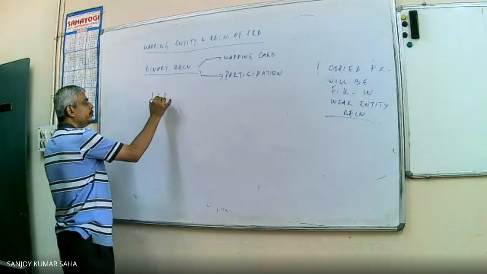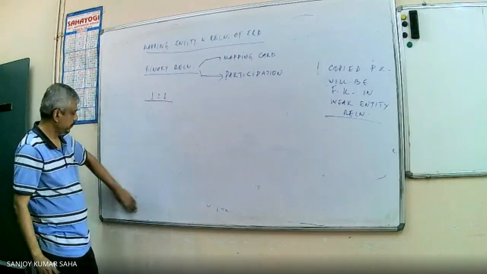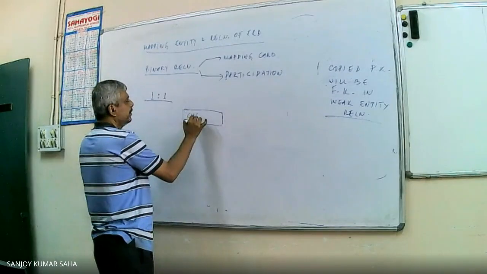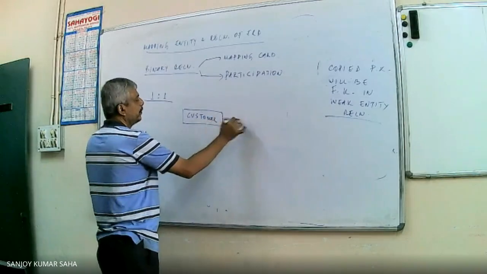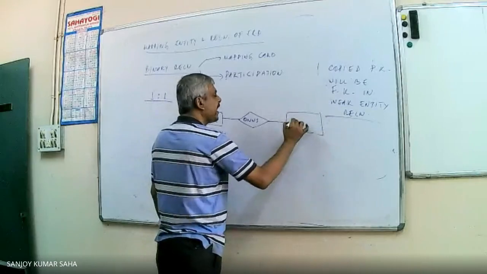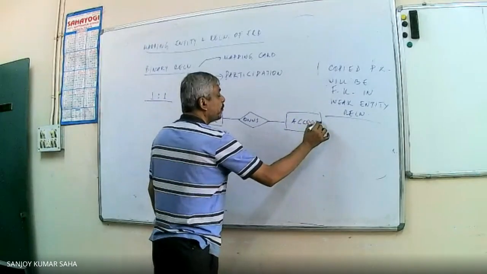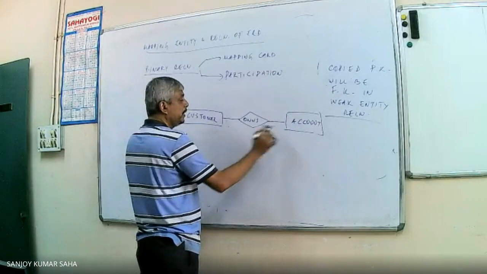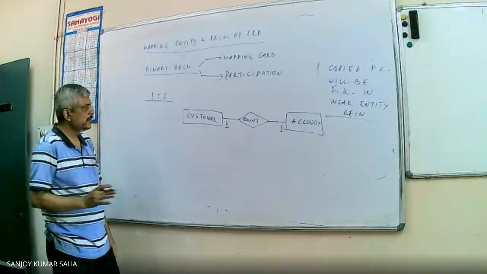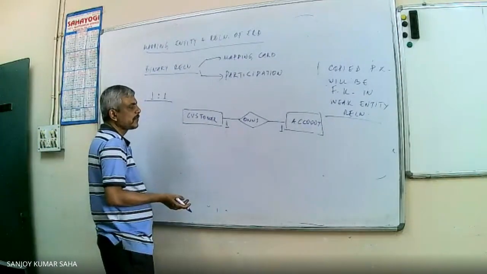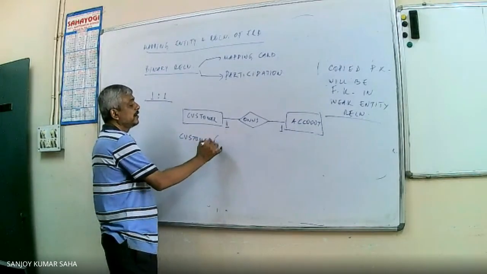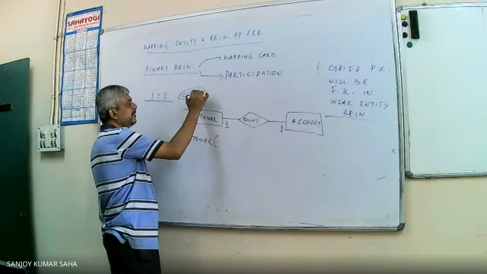Now, suppose it is 1:1. Let us consider we have customer owns account. Say the bank has put the restriction that a customer can have only one account and no joint holder is allowed. Let us say. Then this is 1:1. So as if we have a customer relation like this.